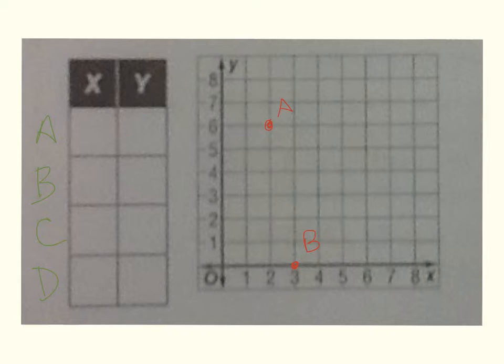C is right here, and D is going to be right there. Okay, go ahead and write those ordered pairs.